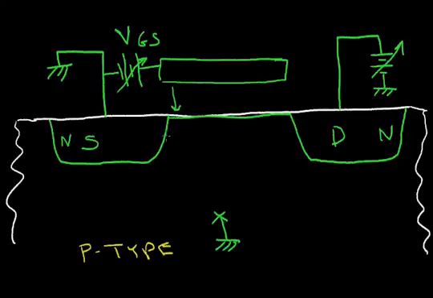So my channel goes down very deep. Now, as I raise my drain voltage, the electric field here becomes weaker. And so the channel is not driven down as far. So if I plot my channel, at the source I have a deep channel, then at the drain, the channel is not as deep anymore.